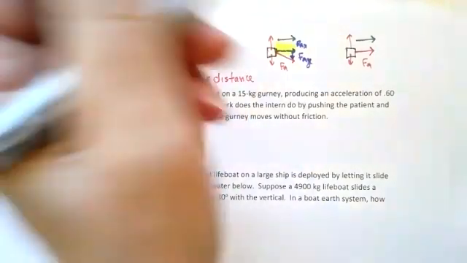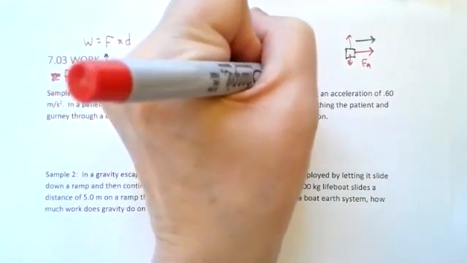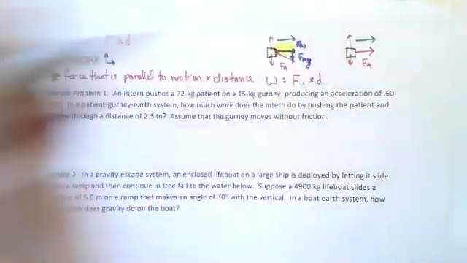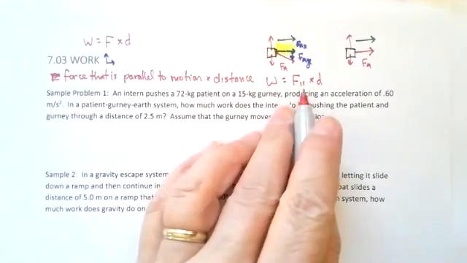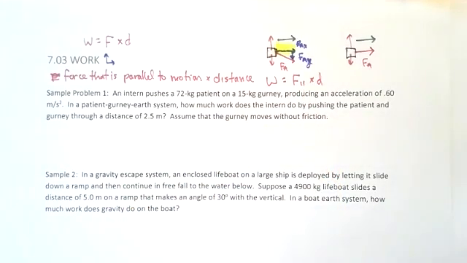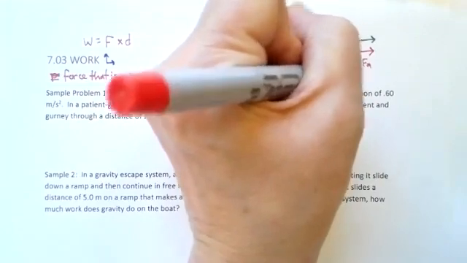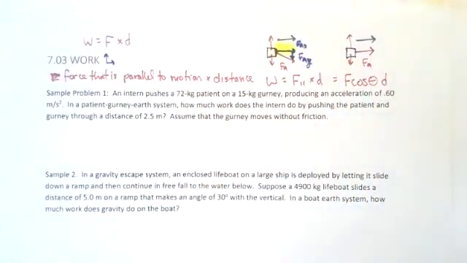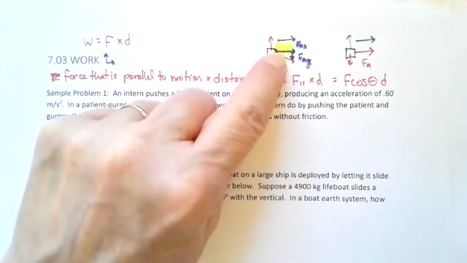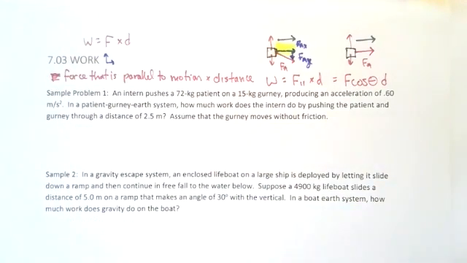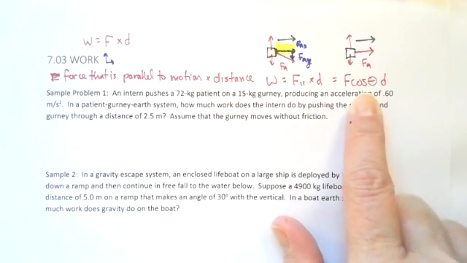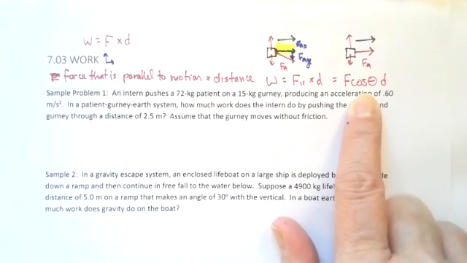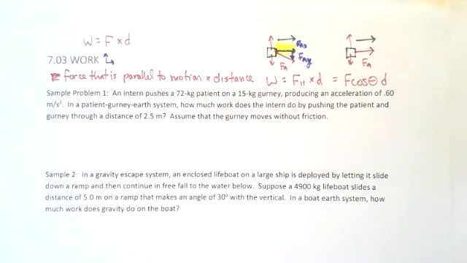I like to write this as work equals force parallel times d, where the two symbols indicate parallel. In textbooks, you'll see it written as force cosine theta times the distance, because if this is my angle here, then if I multiply that by cosine of theta, that would give me the correct component of my force. There's an aspect to this I don't like, and I will explain that to you in a bit here.